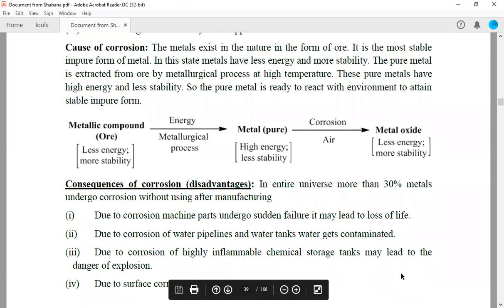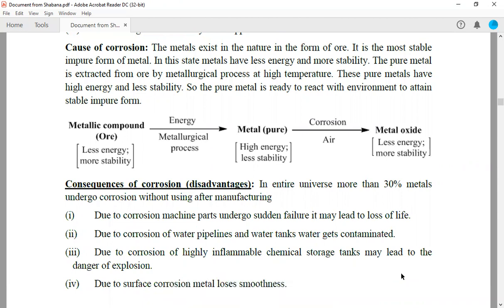Coming to the consequences of corrosion, that means what are the disadvantages of the corrosion process? In the entire universe, more than 30% of metal undergoes corrosion without being used after manufacturing. The valuable metallic properties like conductivity, malleability, and ductility are lost due to corrosion.